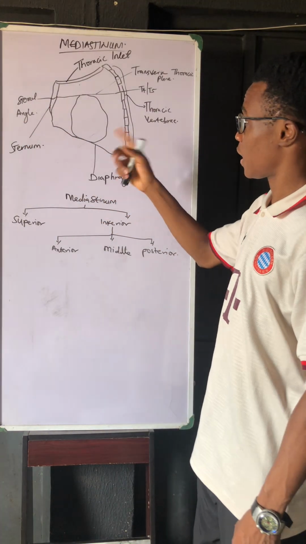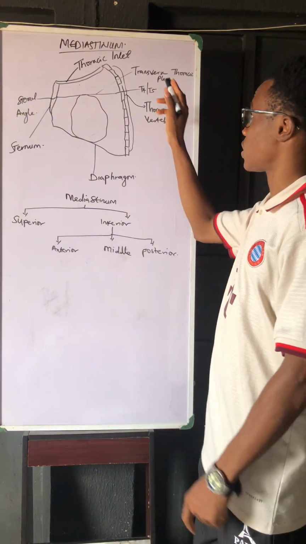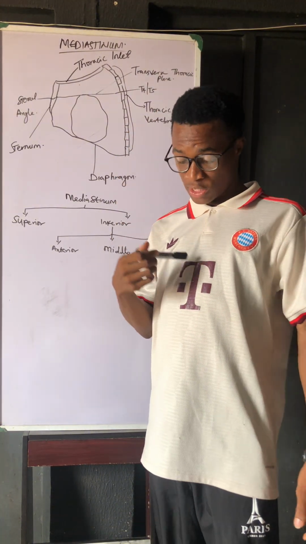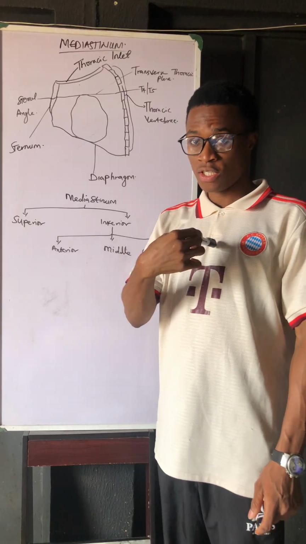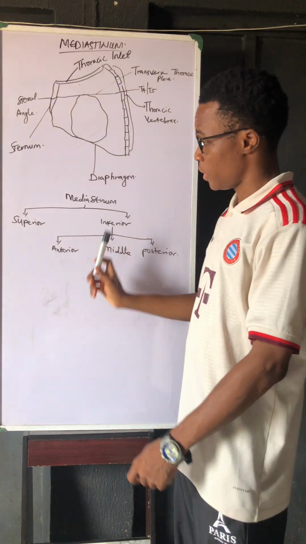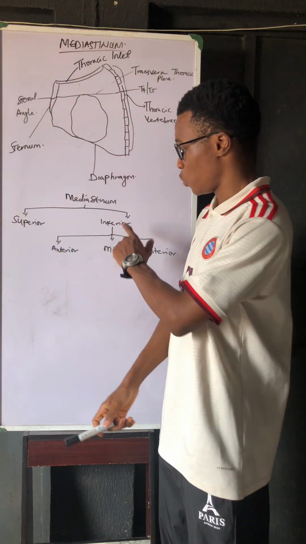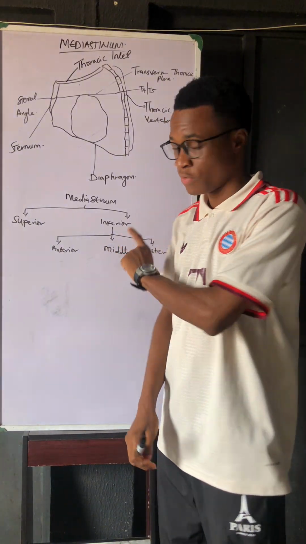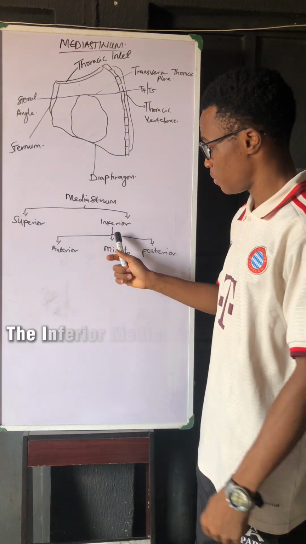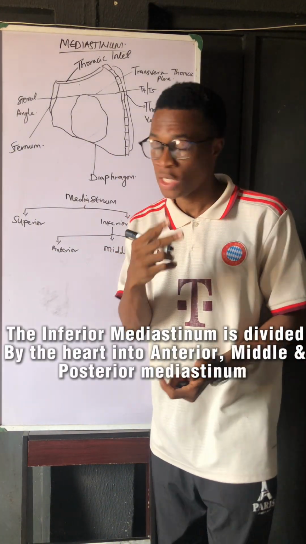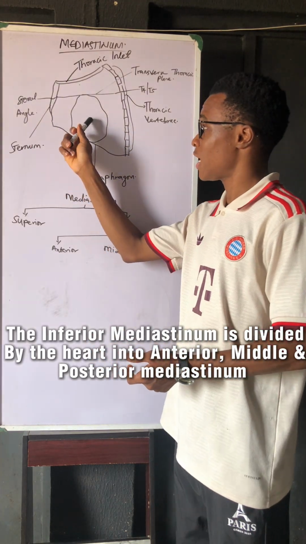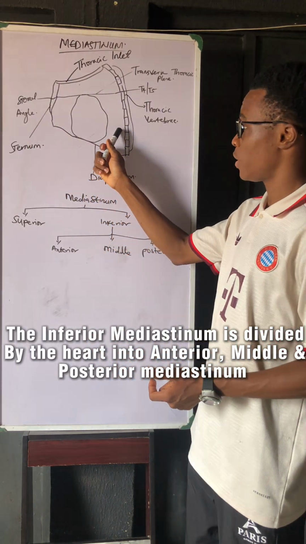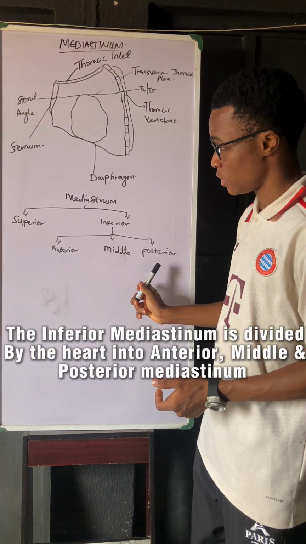So this imaginary line, or imaginary plane, otherwise referred to as the transverse thoracic plane, divides the mediastinum transversely, straight, into two. The one above is the superior mediastinum, and the one below is the inferior mediastinum. Then this inferior mediastinum is further divided into three by the heart. As you can see, this one here is the anterior, where the heart is located is the middle, and the one at the back is the posterior mediastinum.